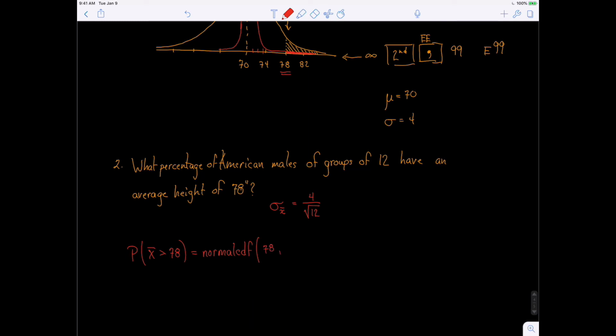Our upper bound is, again, infinity, which is E99 on the calculator. The mean is still 70, but now the standard deviation becomes 4 divided by the square root of 12, and you can type it just like this into your calculator. So I'm going to take a moment here, and let's see what I come up with.